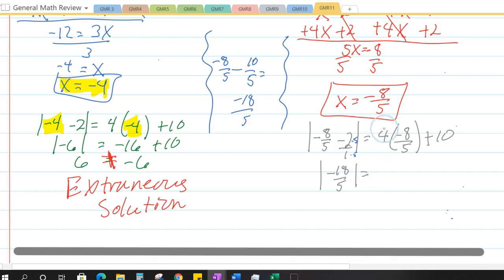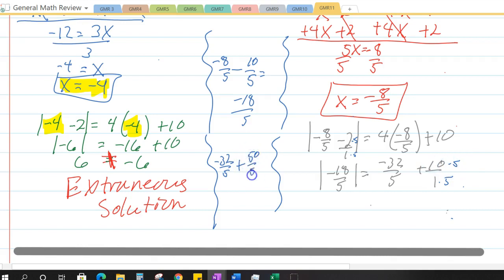On the right-hand side, I have a similar problem. I have 4 times -8 gives me -32/5 plus 10. In order to get a common denominator, I need to multiply the right-hand side denominator times 5. What I do at the bottom, I do the top. Again, with my side problem, -32/5 plus 10 times 5 is 50/5. 50 take away 32 is a positive 18/5.